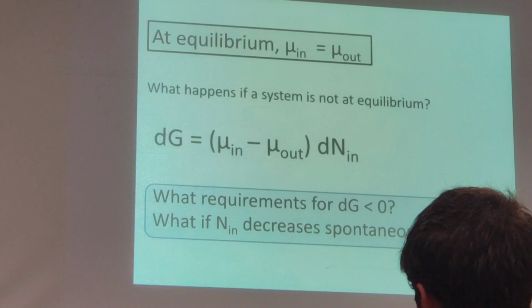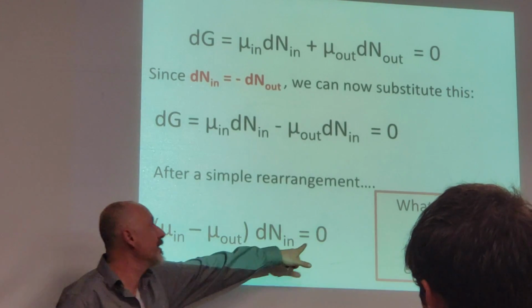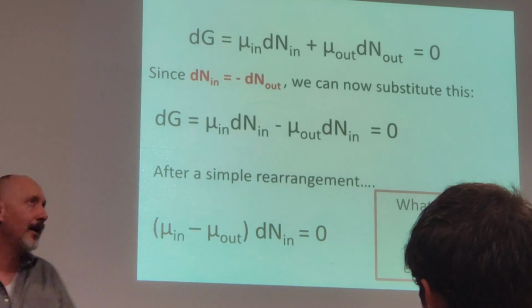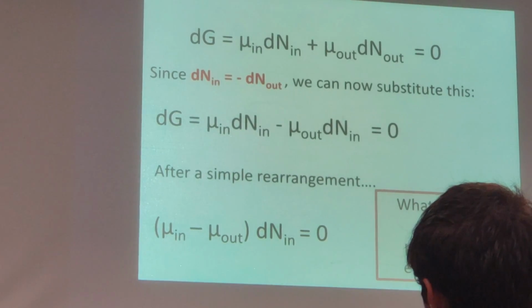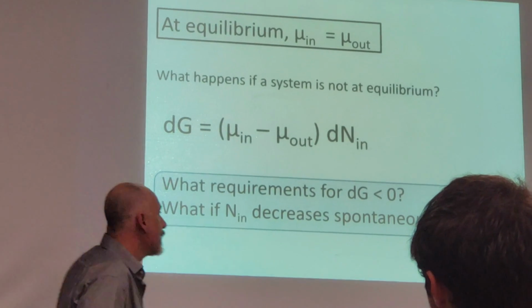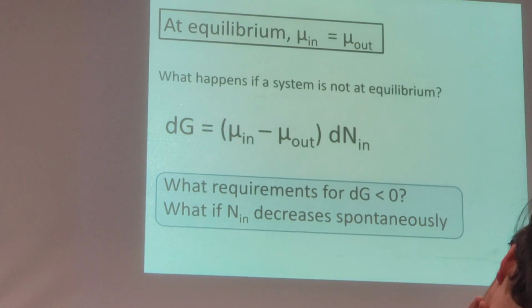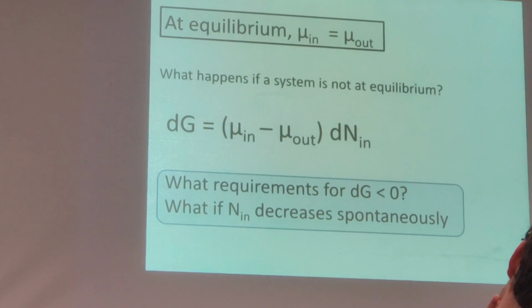If a system's not in equilibrium, my delta G is no longer set equal to 0, and now I can think about concrete situations. For example, in order for delta G to be lower than 0, what does that mean for mu in versus mu out?